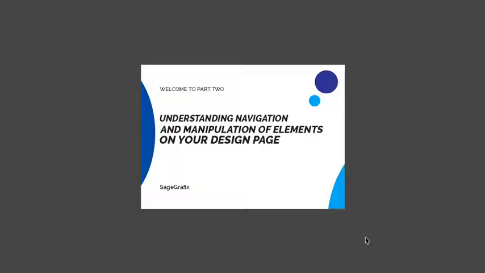Okay, today we'll be going on to the next part of the CorelDRAW interface, which is understanding navigation and manipulation of elements on your design page. The purpose of this part of the series is to help you understand how to move about the CorelDRAW program, how to move elements from one place to another, how to make selections, and why you make selections.